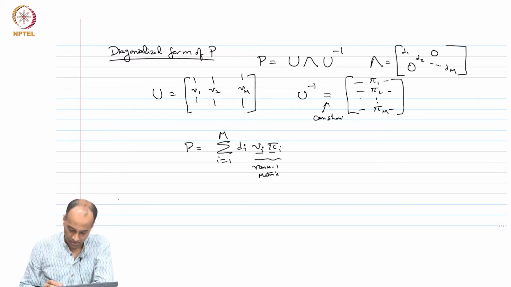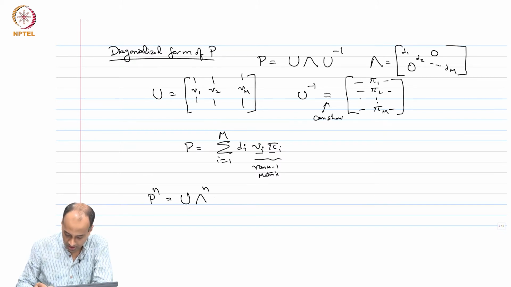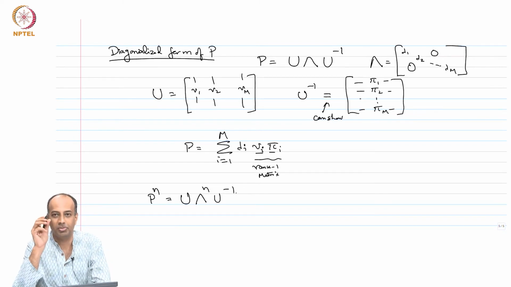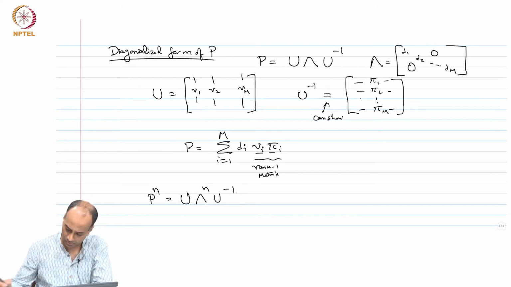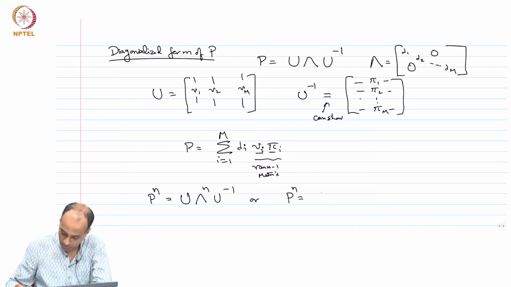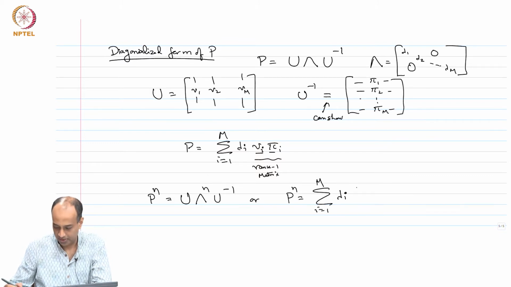So, all in all you can write the matrix P power n will have a diagonal representation U lambda power n U inverse, okay. So, only the diagonal matrix gets raised to the nth power, right. This is basic linear algebra, or you can write it as P power n is equal to the sum over I equals 1 to m of lambda I power n nu I pi I, right.